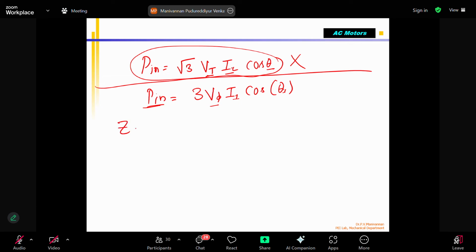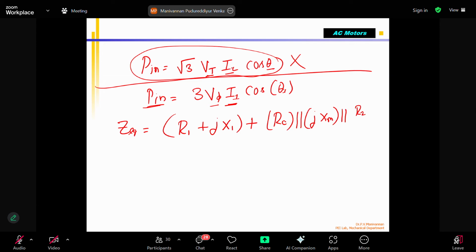Then next one is to find I1, because to compute I1 we need the equivalent impedance of the motor, which can be written as R1 plus jX1, plus R_c in parallel with jX_m, which is in parallel with R2 divided by s plus jX2.